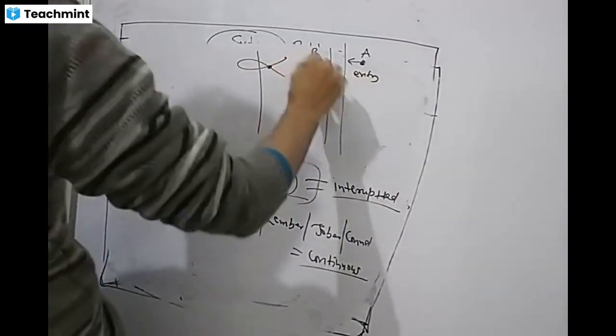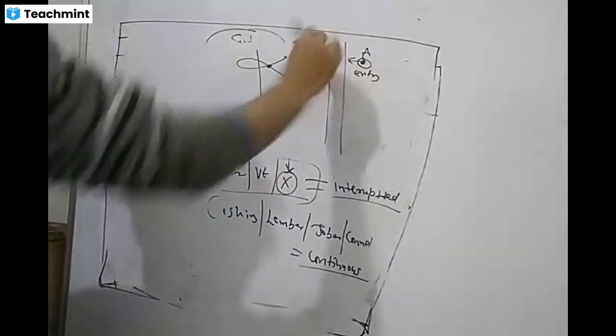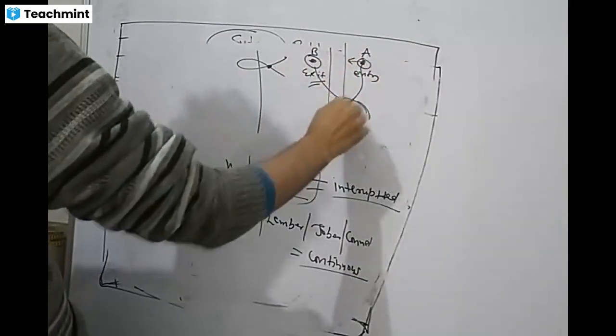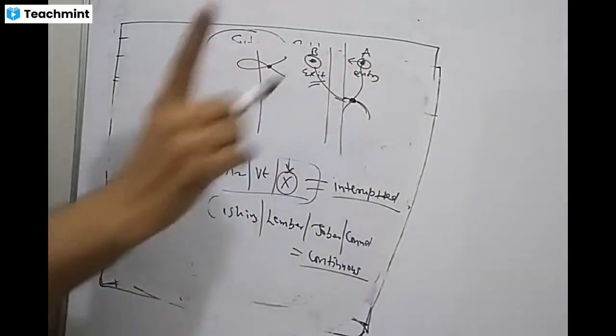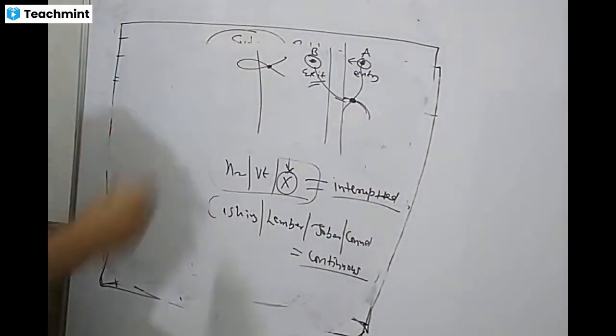So there are only 2 points, one entry, one exit. Then you simply tie a knot. But in case of matrix sutures, there are multiple points.